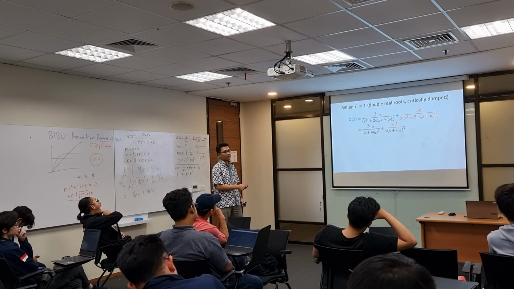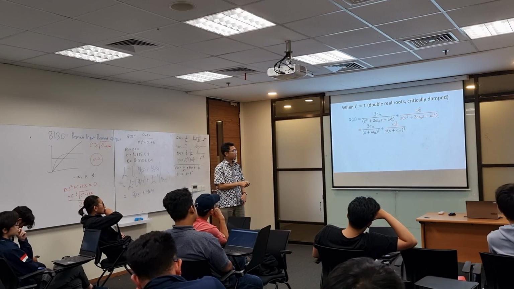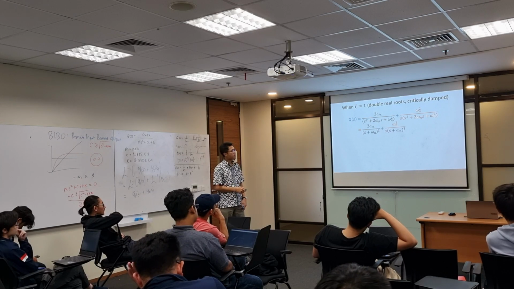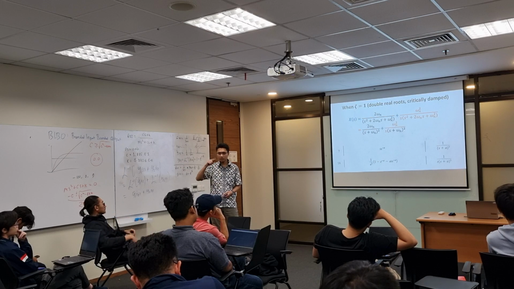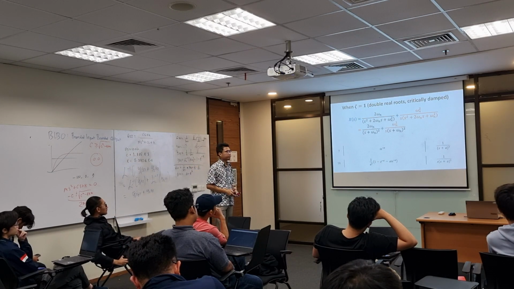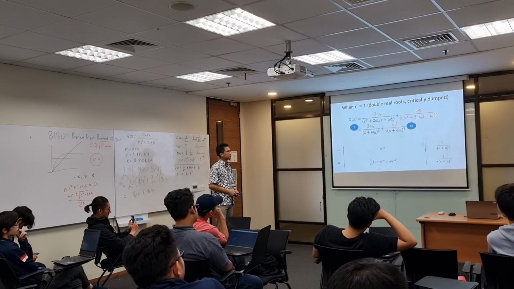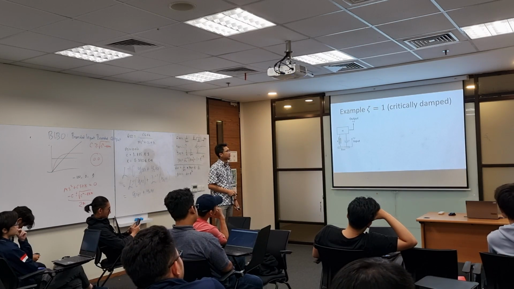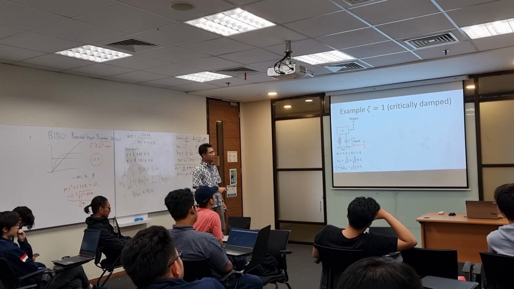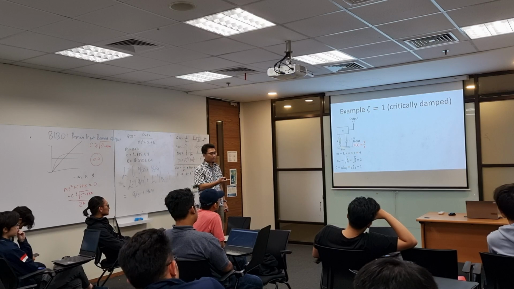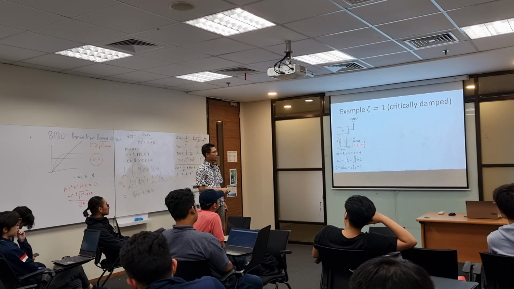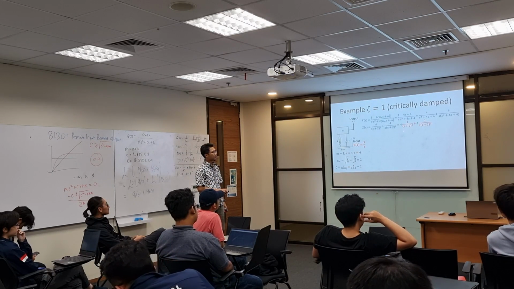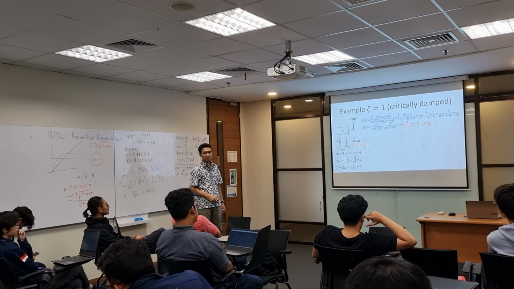And then we factor it out because it has double roots, just omega n squared. See, it's very easy. There is no oscillation. The example is this. I increase the C from 2 to 4. So the zeta becomes 1, and that's the final result.